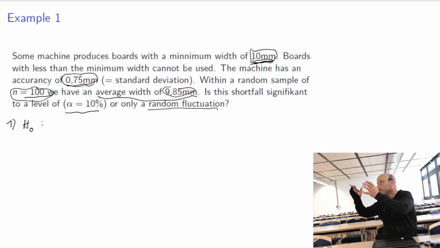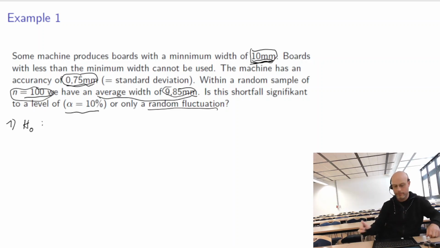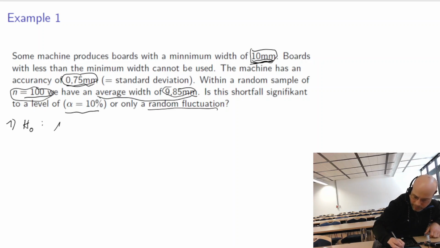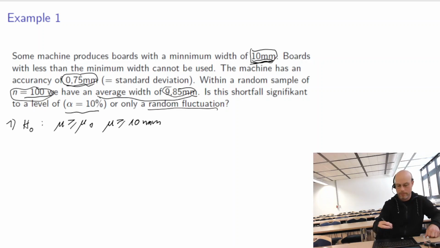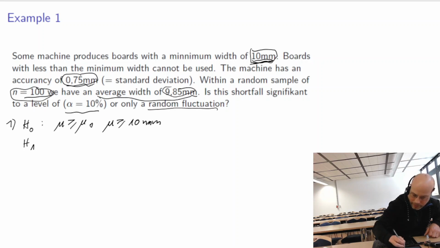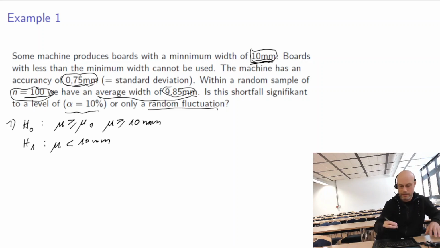So nothing is wrong with my machine. Everything is okay. The status quo. Then the alternative hypothesis is that mu is smaller than 10 millimeters. And then second, calculating the test statistic.